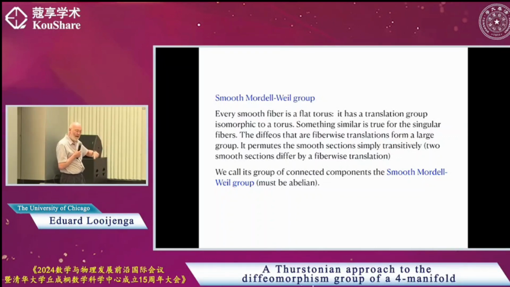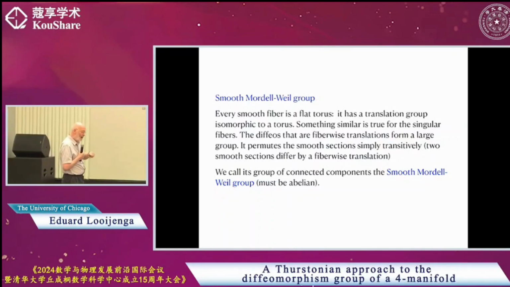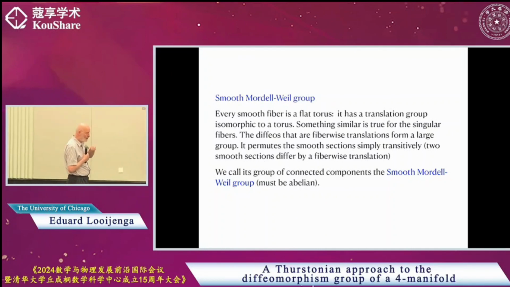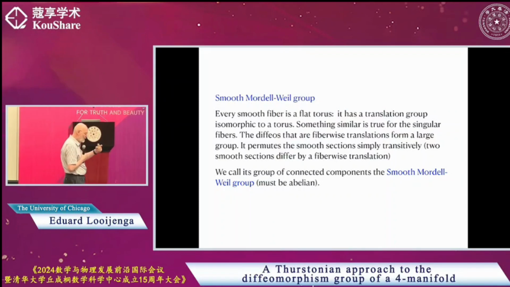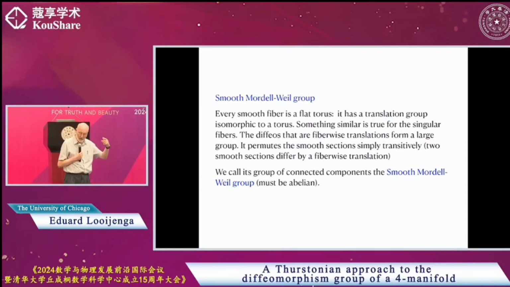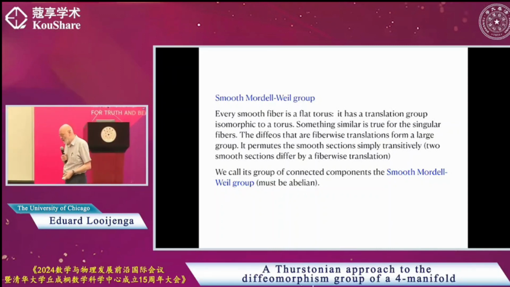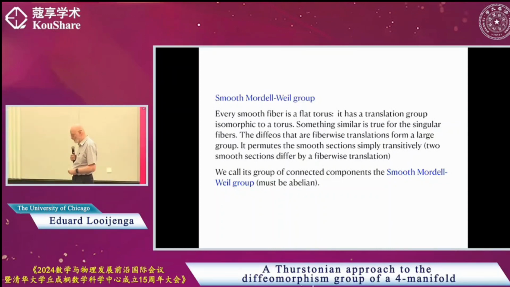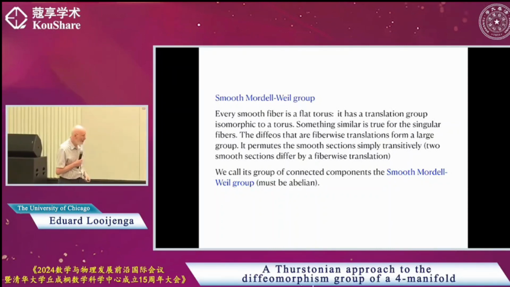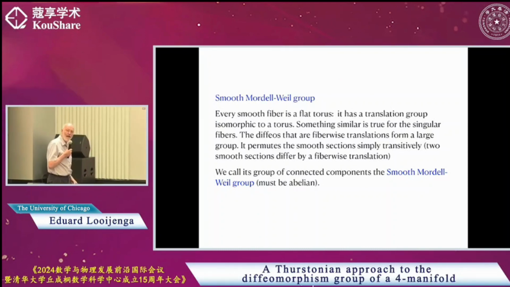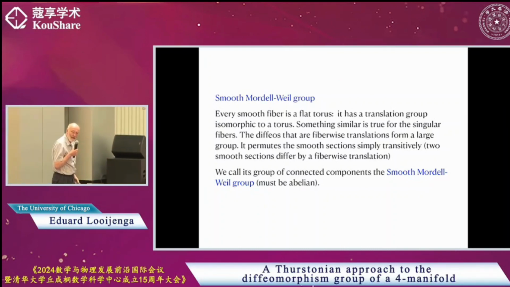Every fiber is not just a genus 1 curve, it actually has a complex structure. So with respect to that complex structure, it becomes, in fact, an elliptic curve or a principal homogeneous space of an elliptic curve. So it's well defined what the translation is, but the translation may depend in a differentiable manner on the base point.